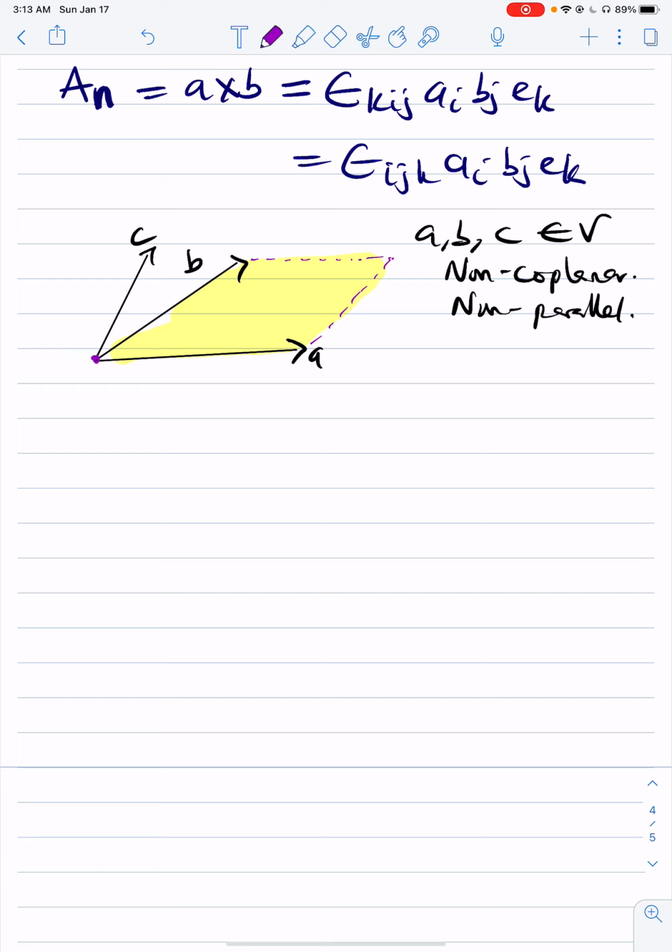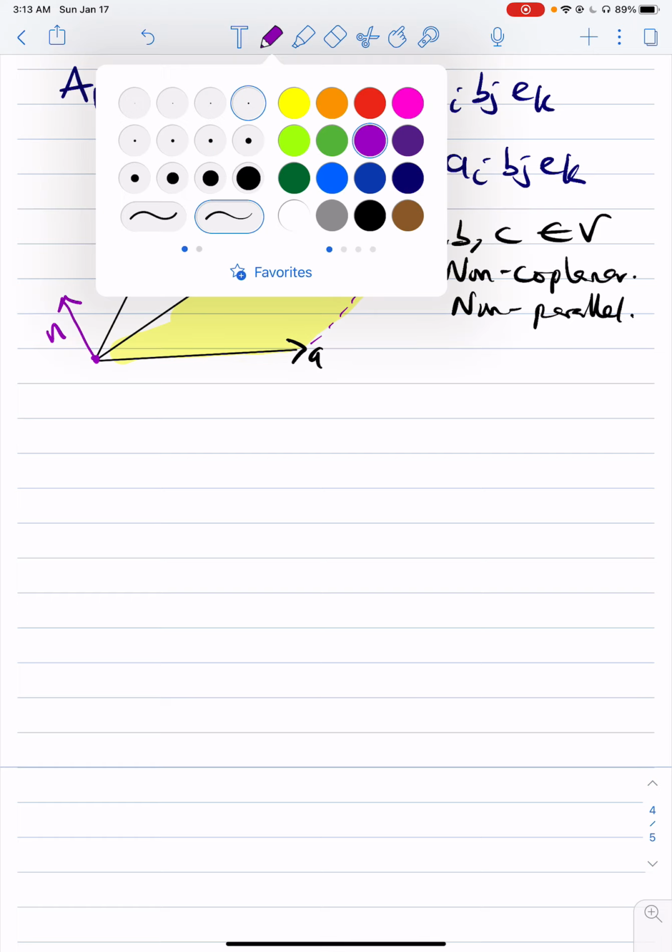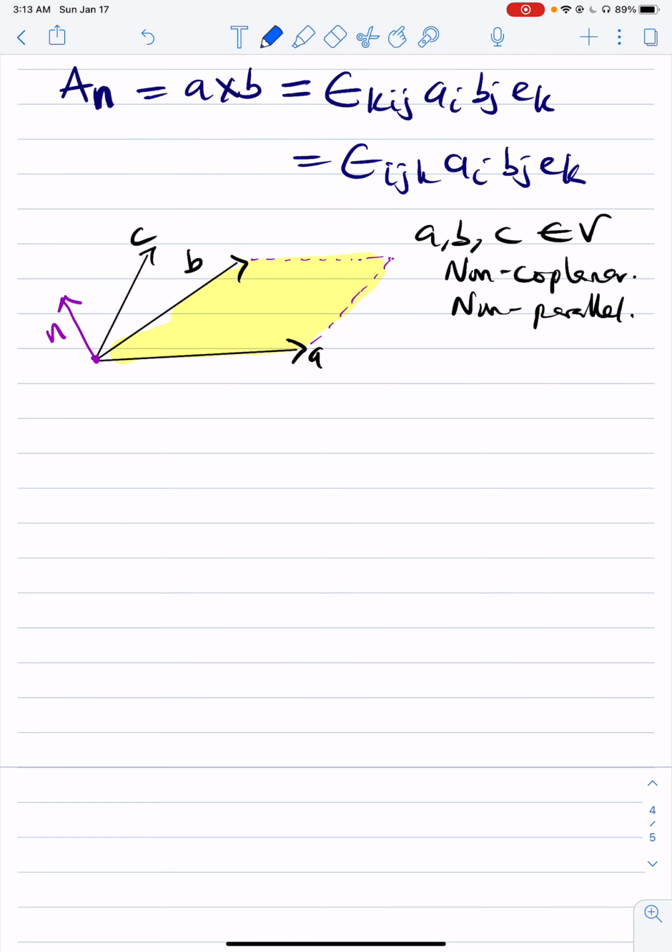Let's assume there is a unit outward normal here, N. Now, remember A, B, and C are not on the same plane. So if we draw, see, this is C, traces to cover that. Okay, let's do this.